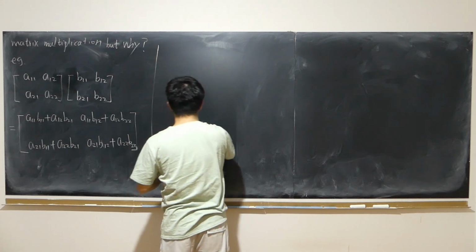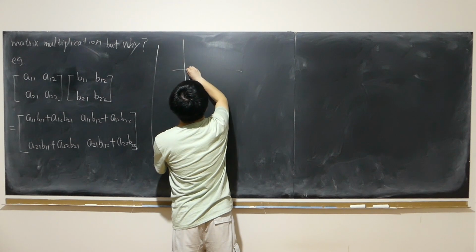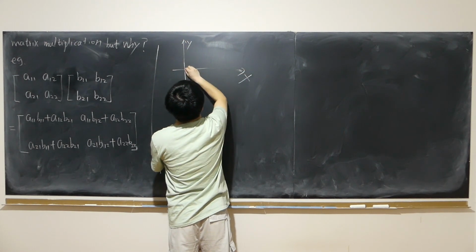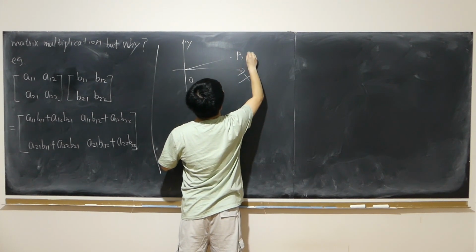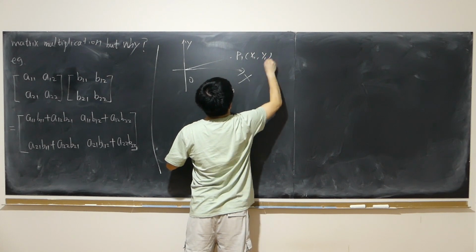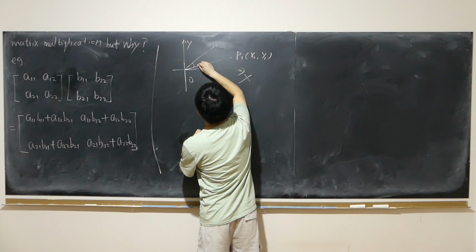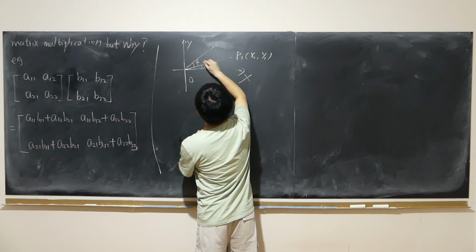So first, let's look at this graph, x, y, and we have this point P1, (x1, y1). We rotate it by beta degrees, in radians. So here's alpha, there's beta.